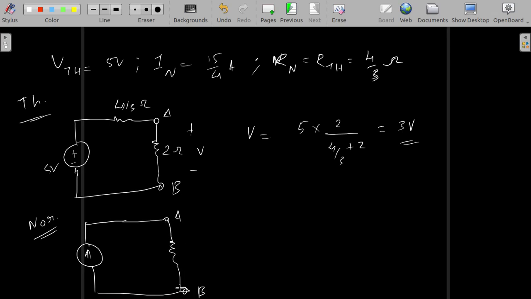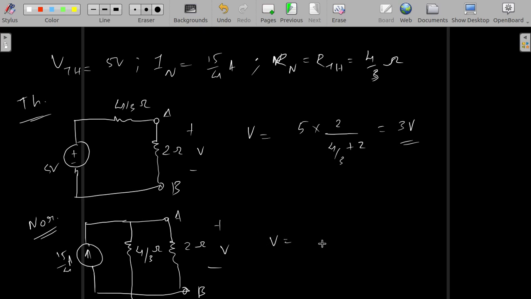Okay, we have a 2 ohm resistance here, we have a 4 by 3 ohm here, and IN is 15 by 4 ampere.